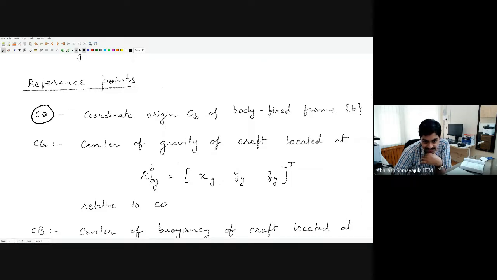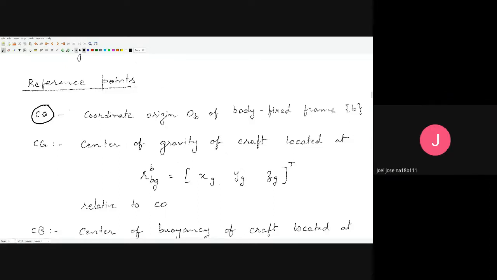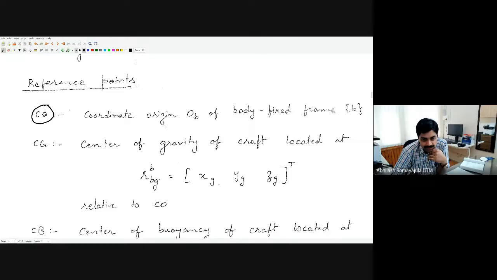So wherever I'm writing a superscript, it is the frame of reference that the vector is expressed in, and b to g is what I am trying to find the distance for. Is the convention making sense? Yes, sir. Okay, so this vector is pointed from the B frame to the G point, and I am expressing that vector in the B frame. And that is what is given by xg, yg and zg.